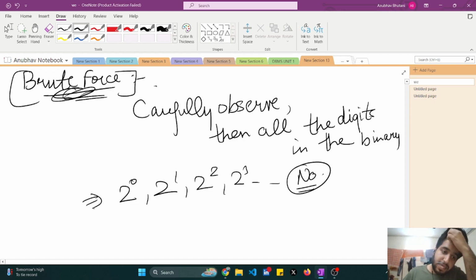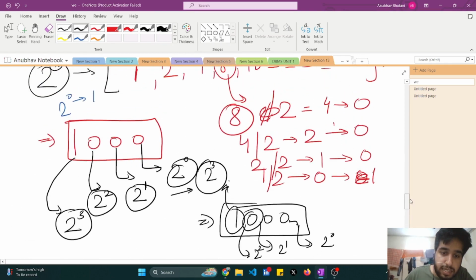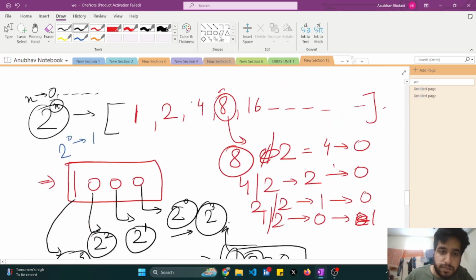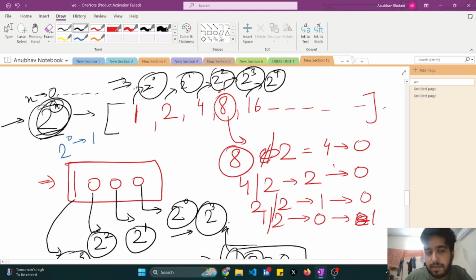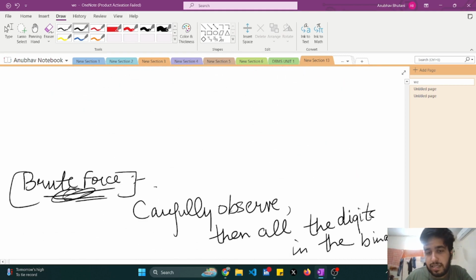Is it similar to what I showed you here, that 1 is 2 raised to power 0, 2 is 2 raised to power 1, 4 is 2 raised to power 2, 8 is 2 raised to power 3, 16 is 2 raised to power 4? Is this looking a little similar? Yes.